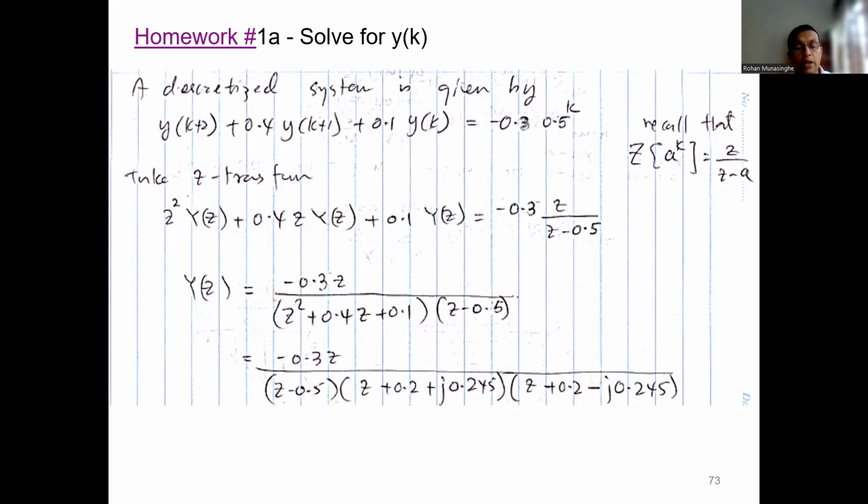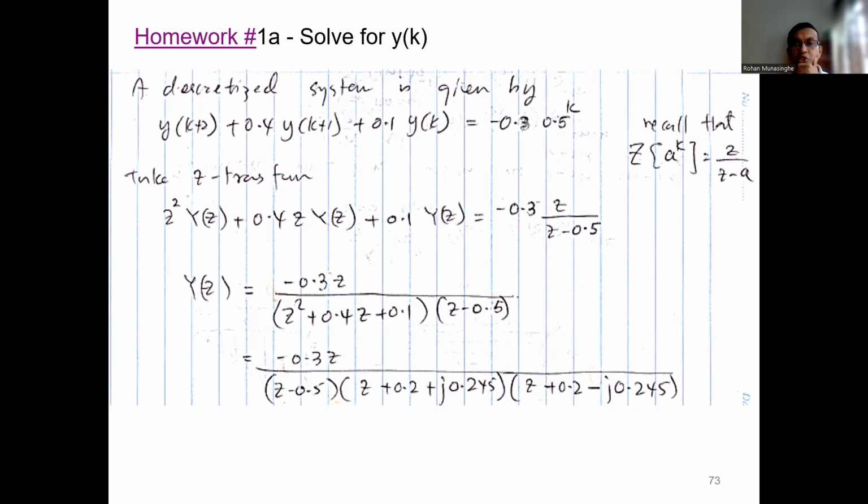Now the thing is, how can you break this down into factors so that you can inversely transform them into the time domain? Maybe some of you have gone up to this point and got stuck there. This is how we do that. Same cover-up method, you can do it and get the three factors like this.